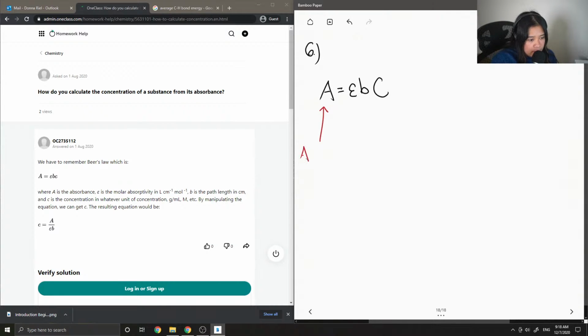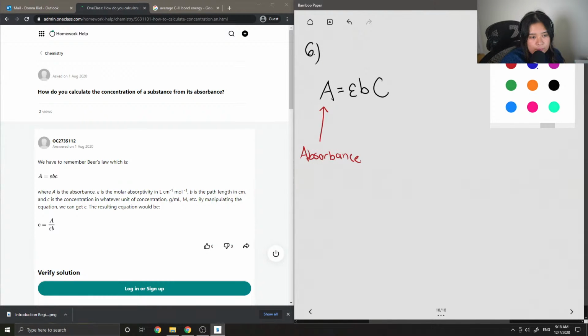So A is absorbance, which is unitless. This symbol is the molar absorptivity.